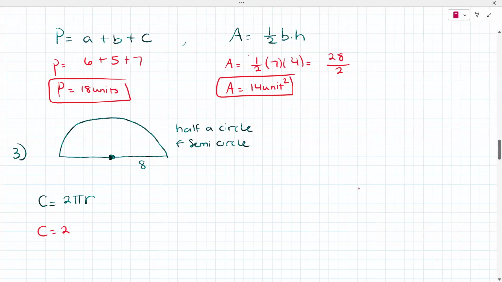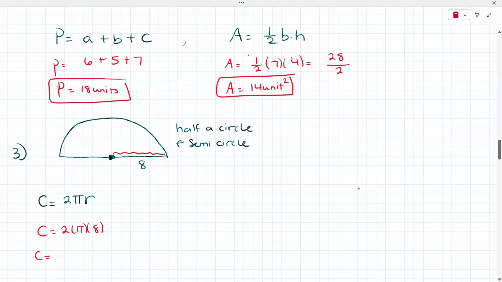So it's 2 times pi. We'll just leave pi alone right now. Sometimes they want a decimal. If they do, you're going to replace pi with 3.14. But we'll just leave it as exact. And then my radius, the distance from here to here, is 8. So that would be 2 times pi times 8.